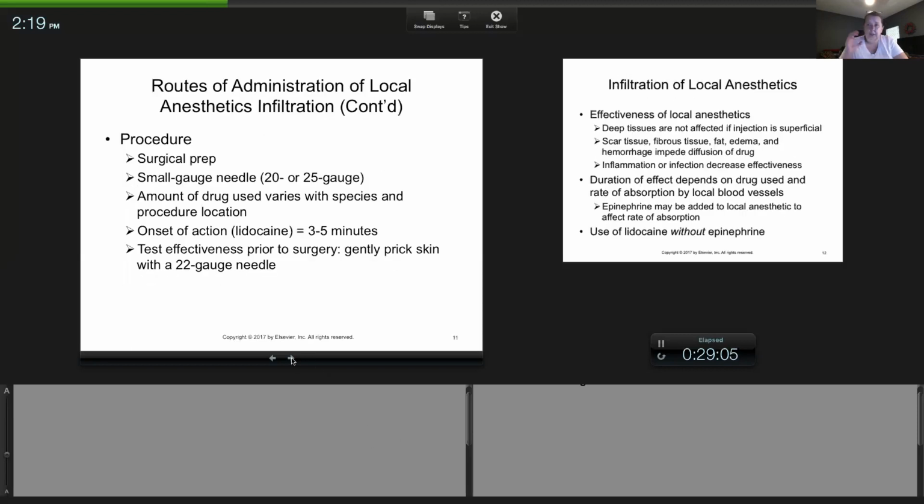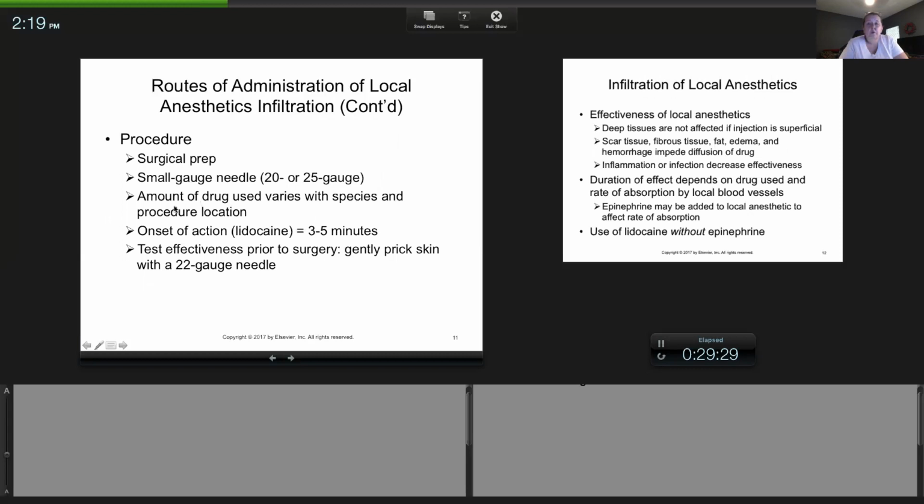Again, we're not blocking large trunks of nerves. We're blocking the smaller, like peripheral nerves, the sensory nerves. Usually clean the area, and most of the time these are done, I know it says 20 gauge, that would be like maybe a horse or a cow or something, but normally small animal would be like 22, usually 25 gauge needle.